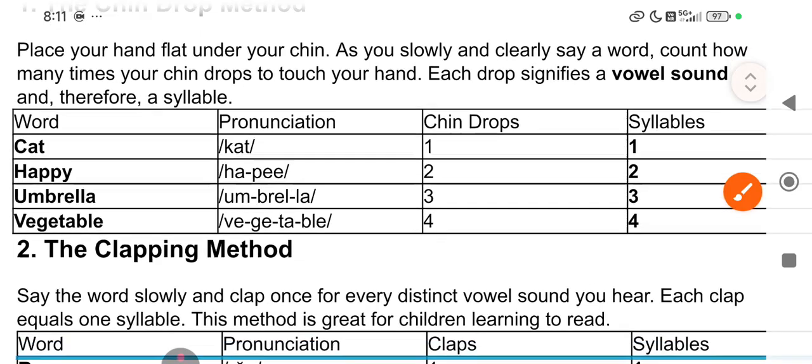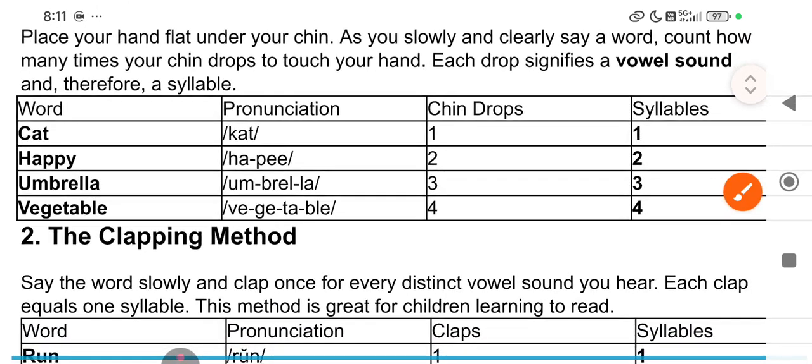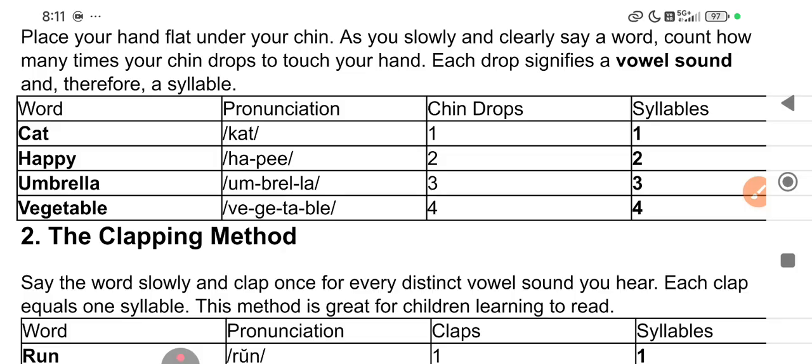As you slowly and clearly say a word, count how many times your chin drops to touch your hand.